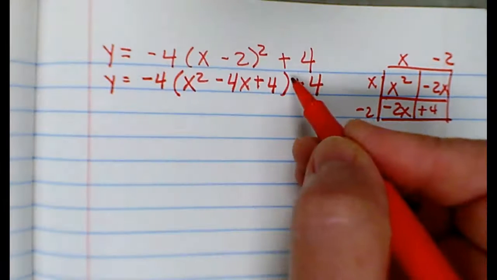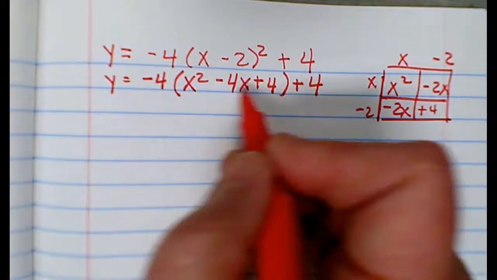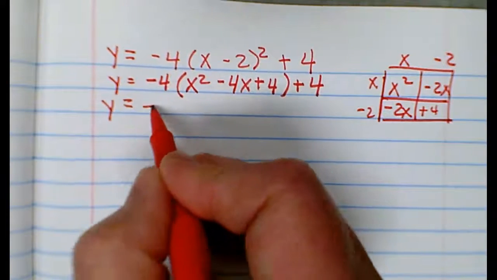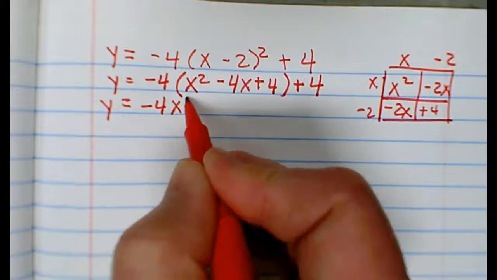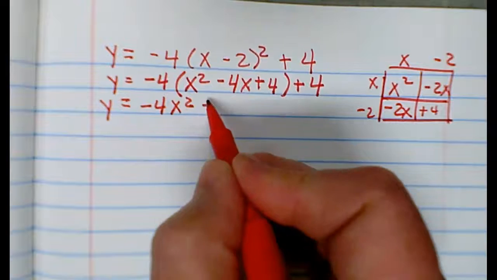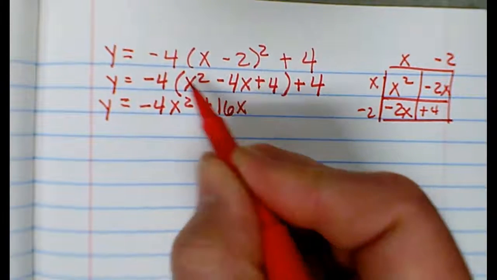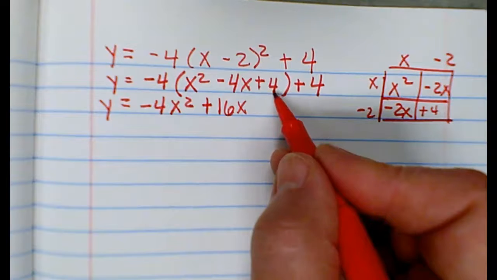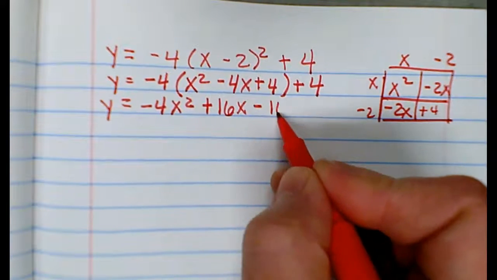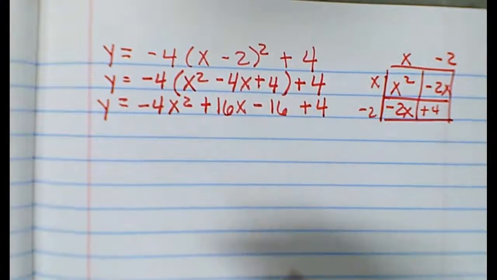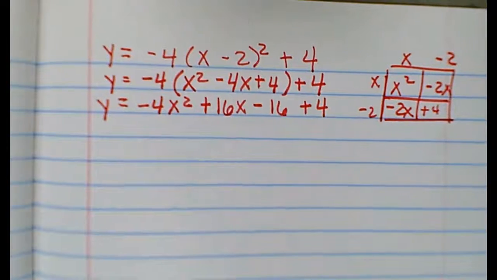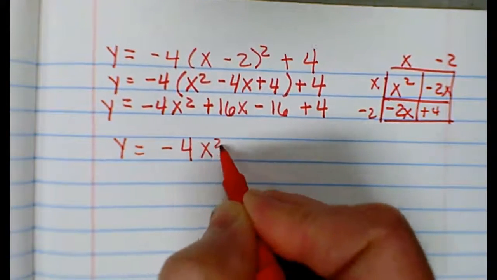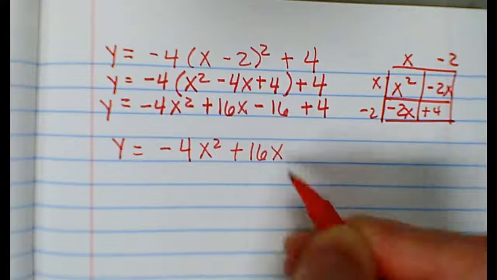Now that this parentheses is not squared, now I can distribute the negative 4. Negative 4 x squared. Negative 4 times negative 4x, negative 4 times the positive 4, plus the 4 at the end. Negative 4x squared plus 16x.